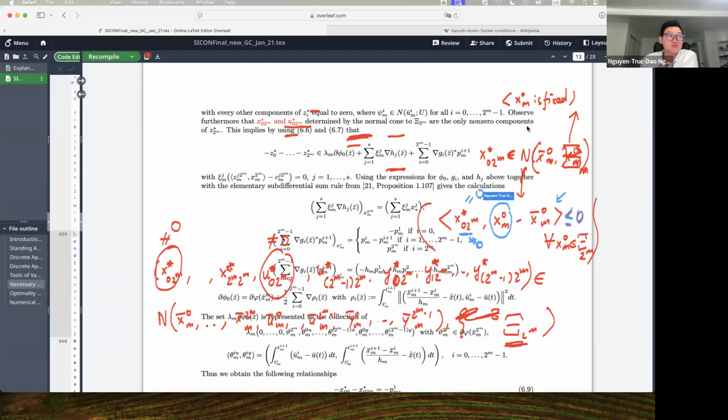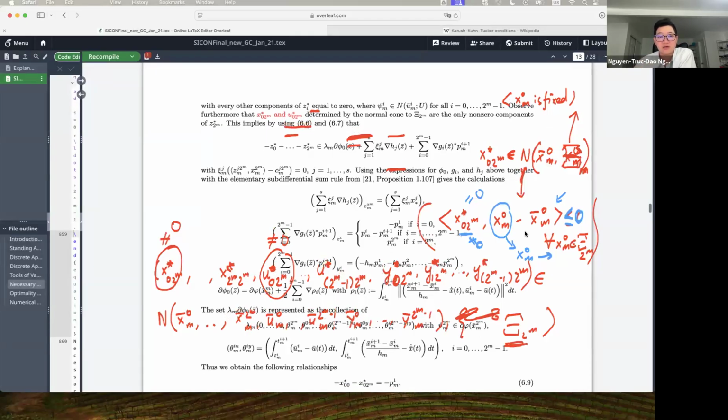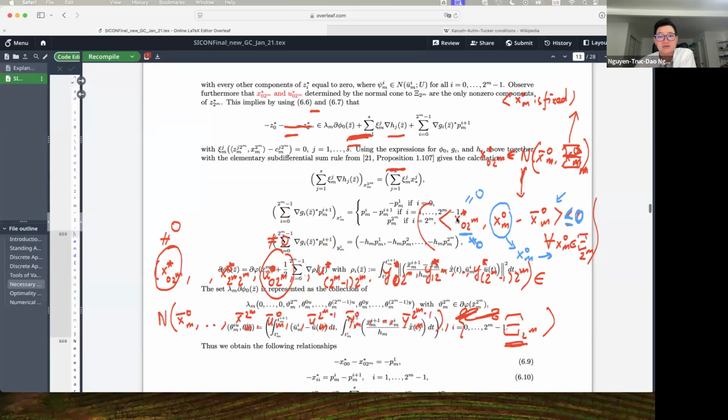I'm trying to prove by contradiction here. If this one is zero, then this inequality always holds. And if it always holds, this can be whatever number and it will not be fixed anymore. That's why we have the contradiction here. And when you have the contradiction, you can conclude that x star 0 to m here is the non-zero component.